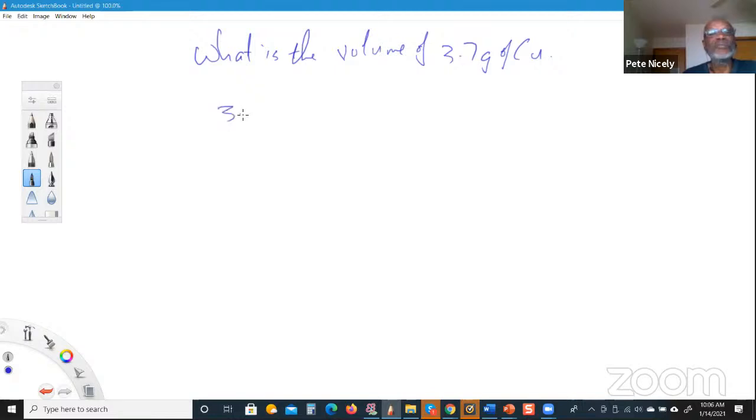So we start off with 3.7 grams. The question is, what do we multiply that by? That would be the density. Remember we said that the density of copper is equal to 8.94 grams per cm cube. So we're going to put 1 cm cube above and 8.94 grams below.